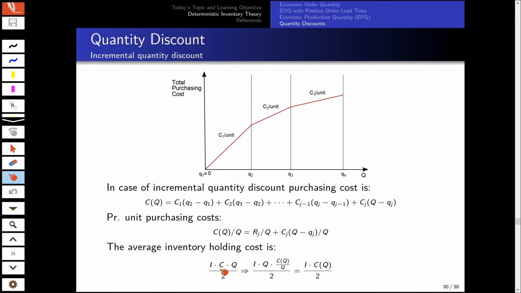Now we change the C to regard the incremental quantity discounts. So we insert the expression for this purchasing cost per unit, and if we resolve that, we can get rid of a Q, and then we get the following formula for it.